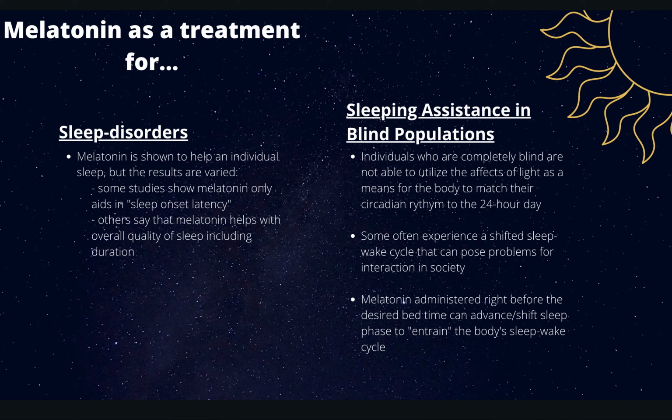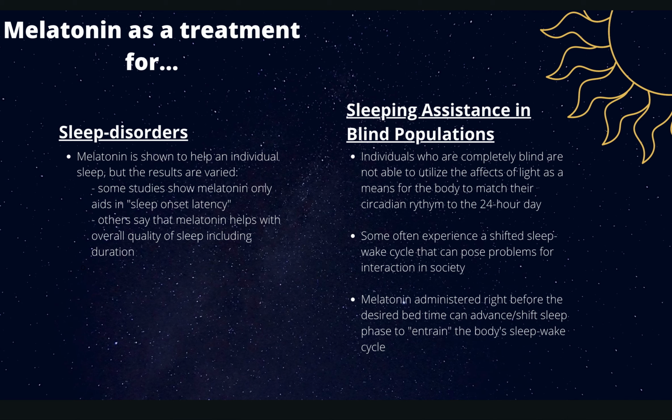So, like I said before, when it comes to light as an external factor, completely blind populations cannot use the sensory information of light to regulate the 24-hour circadian rhythm. Some populations, like we said, have a shorter circadian rhythm, like 20-22 hours, and some have a naturally longer one, 26-27.